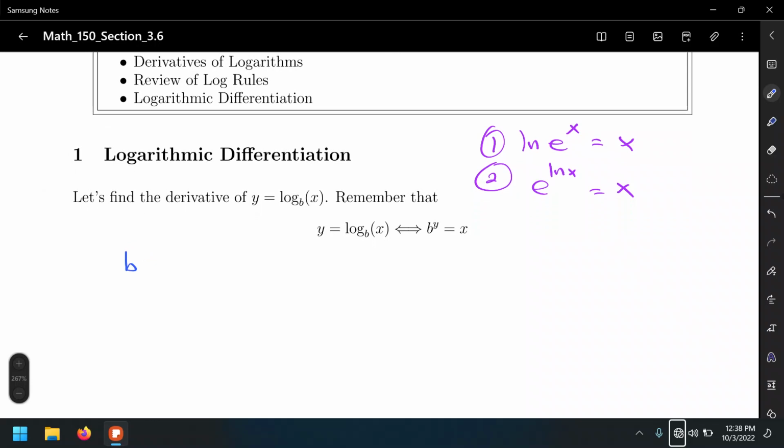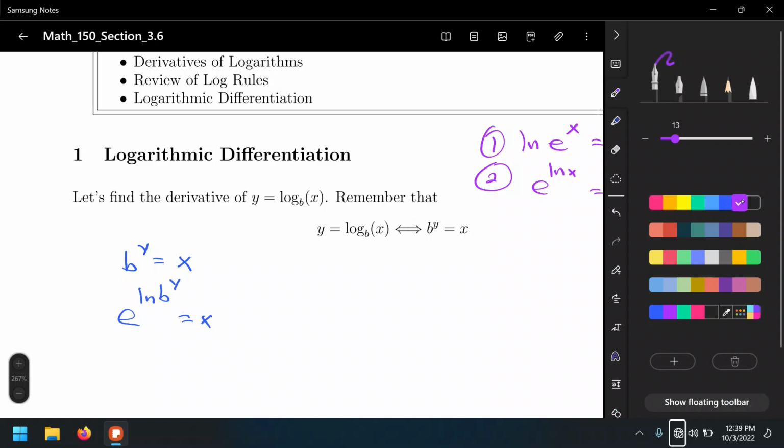So b to the y equals x. I'm going to use this property right here. So I'm going to write this as e to the ln of b to the y equals x. And again, that happens because if we cancel e to the ln, don't we get back to b to the y?